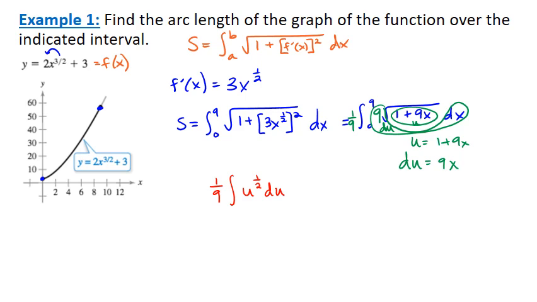This here gives us 1/9 times, when I add 1, I get 3/2, and then I'll multiply by the reciprocal. And so this becomes 2/27 u to the 3/2.